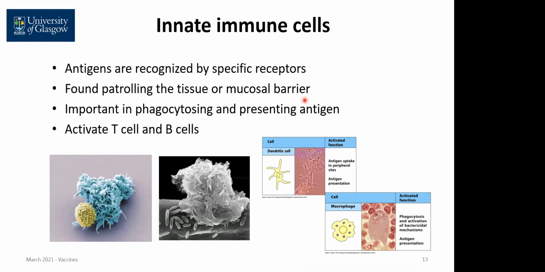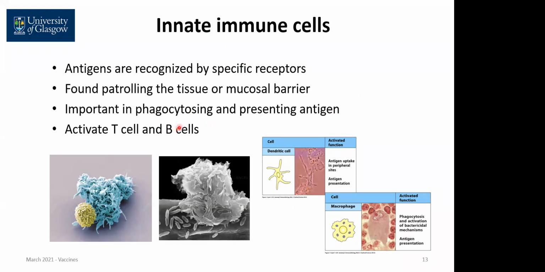If we're talking about vaccinations, the main way that a vaccine is administered is via the skin, via an injection. So these cells are found patrolling the epithelium of the skin. But they're also found at other mucosal and barrier sites, such as the oral mucosa, the skin, the GI tract, and also things like the lining of the lungs.